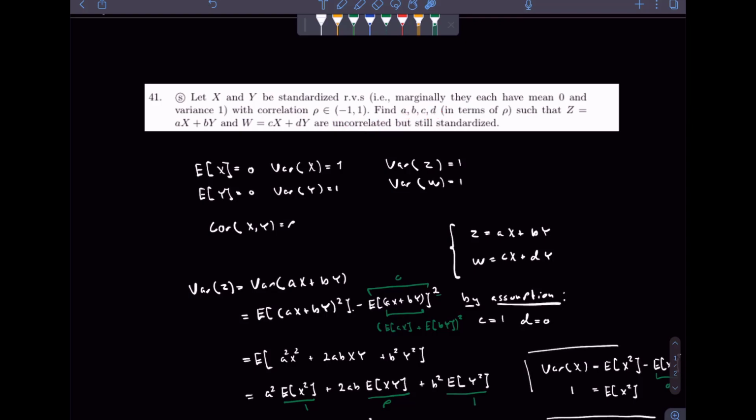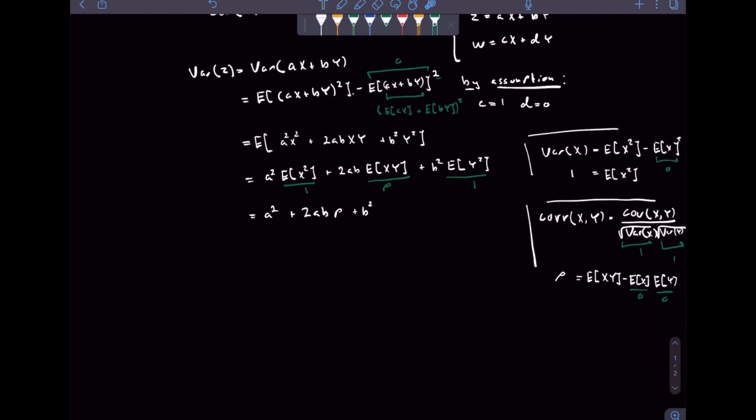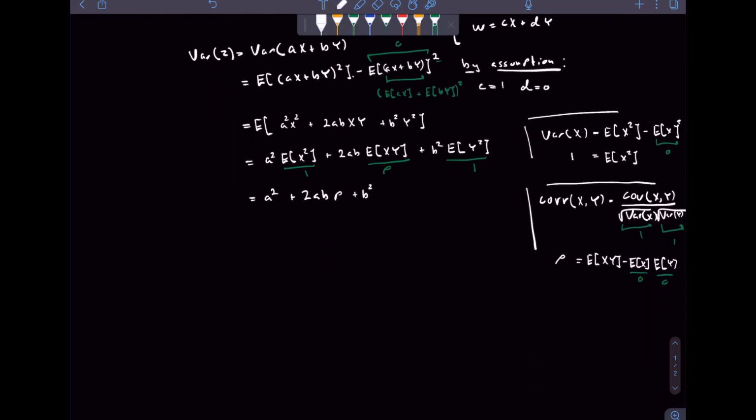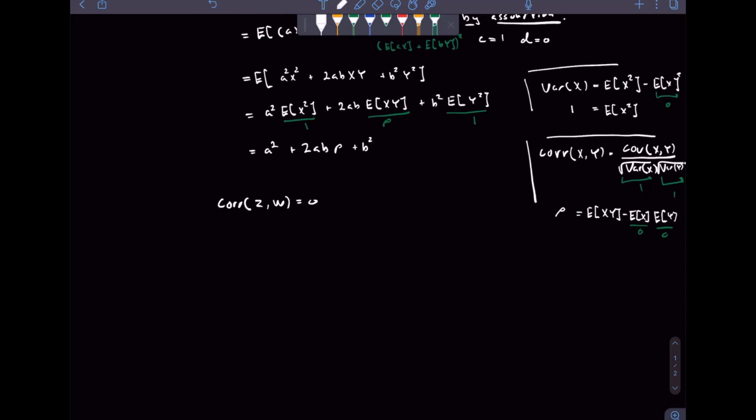We should find these terms such that they are uncorrelated. So we know that the correlation between Z and W should be 0. Let's write 0 on the other side here, and expand this correlation term and see what we get.